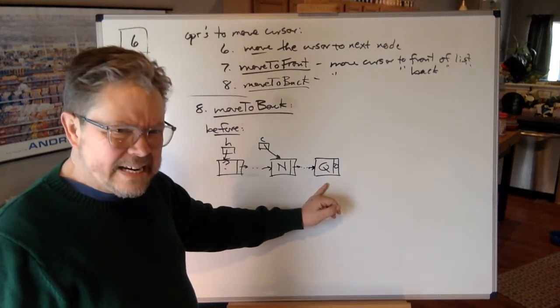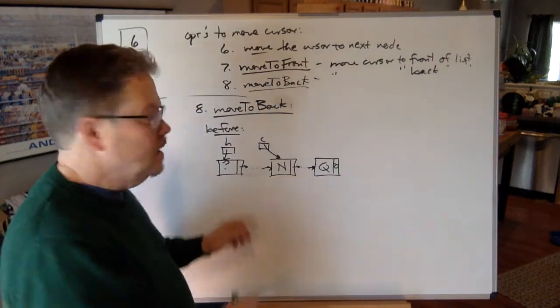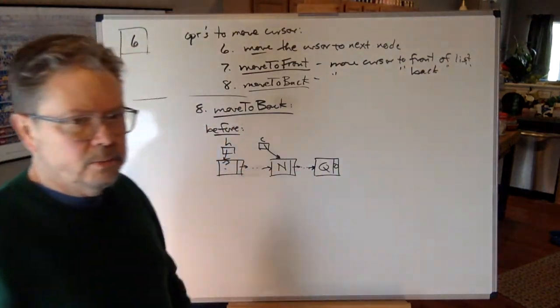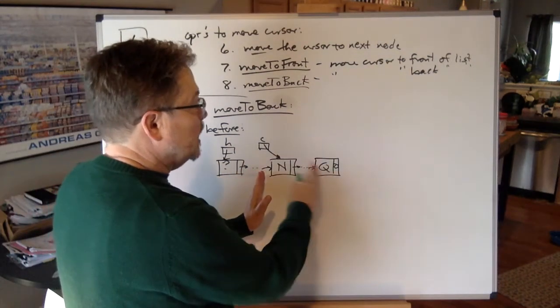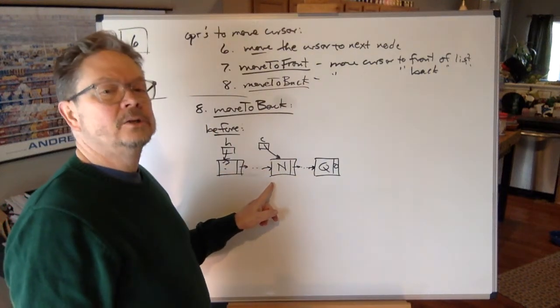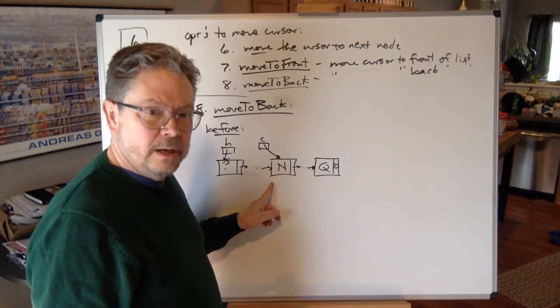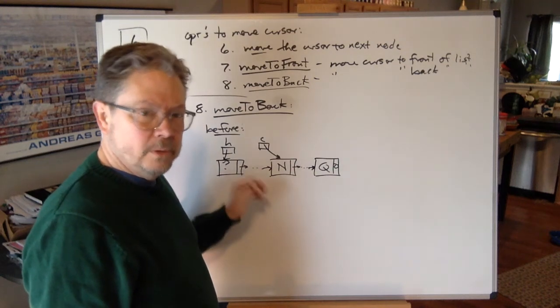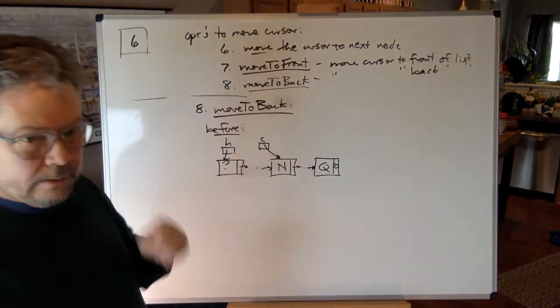That's order N, meaning if there are twice as many nodes as there were before, it's going to take the cursor twice as long to move to the end. If there are now 1,000,000 times more nodes from where the cursor is to the end, it's going to take 1,000,000 times as long, 1,000,000 times as many instructions. So that's going to be a problem.